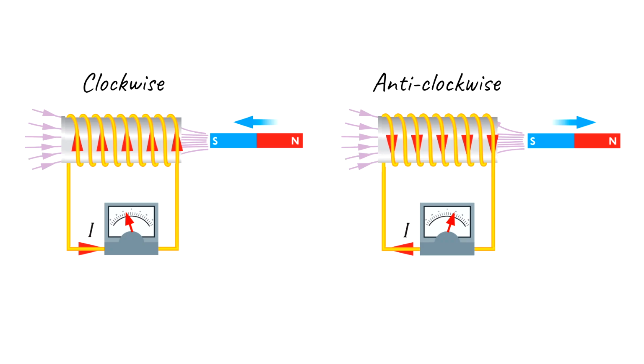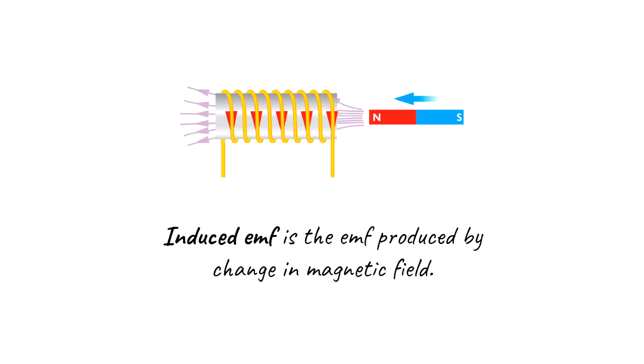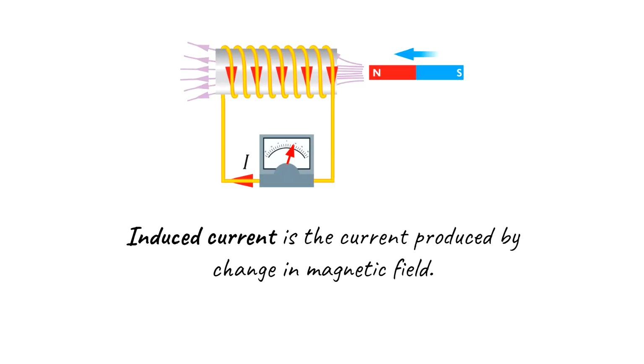Okay, now let's define the induced EMF and induced current. Induced EMF is the electromotive force produced by change in magnetic field, and induced current is the current produced by change in magnetic field.